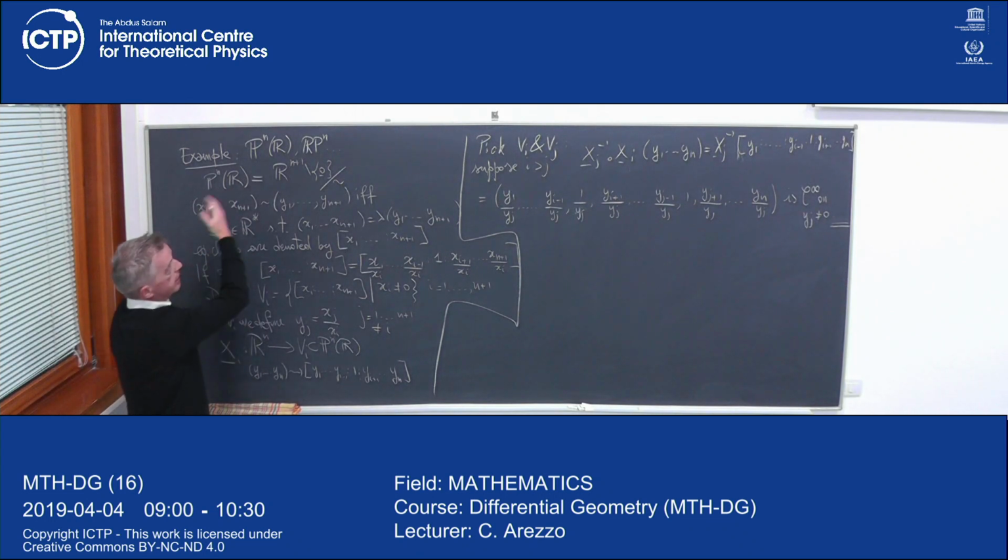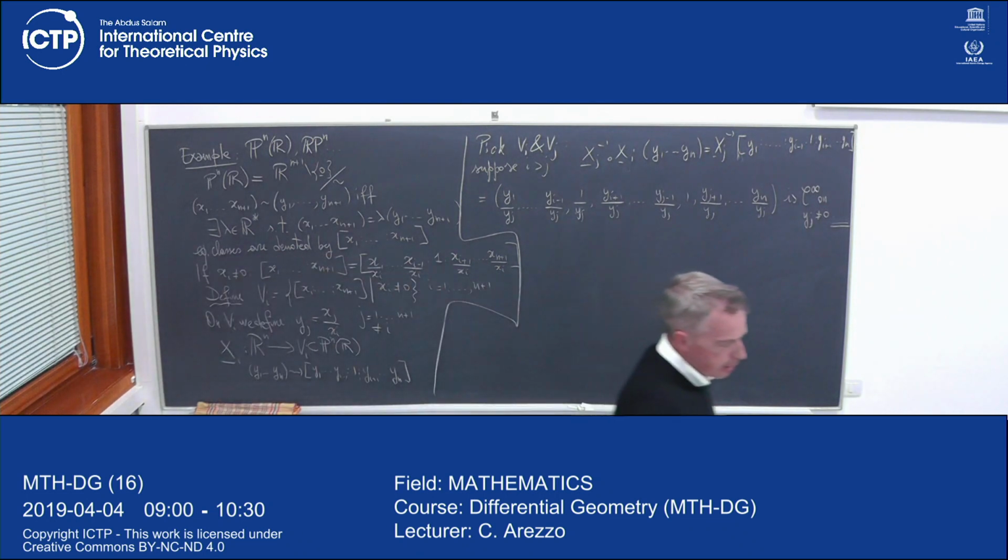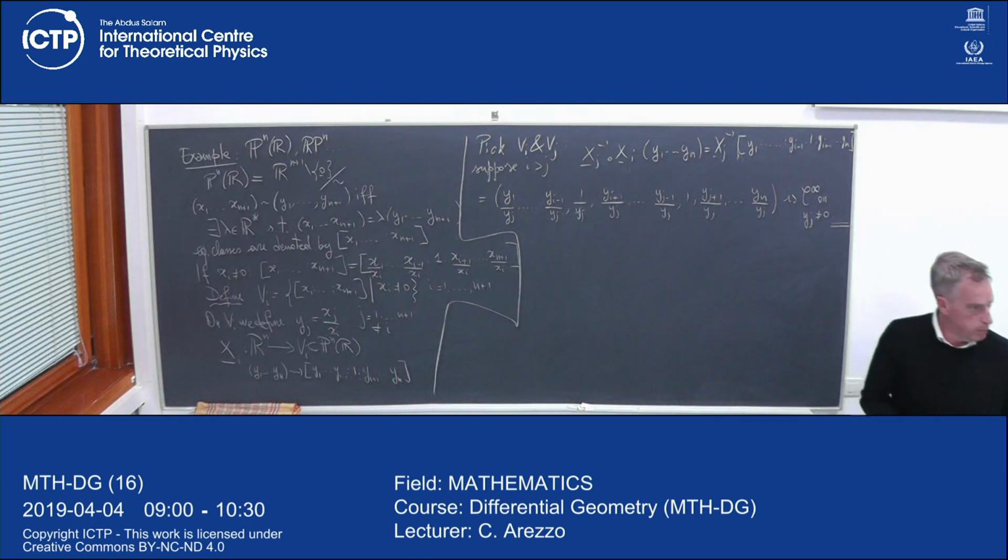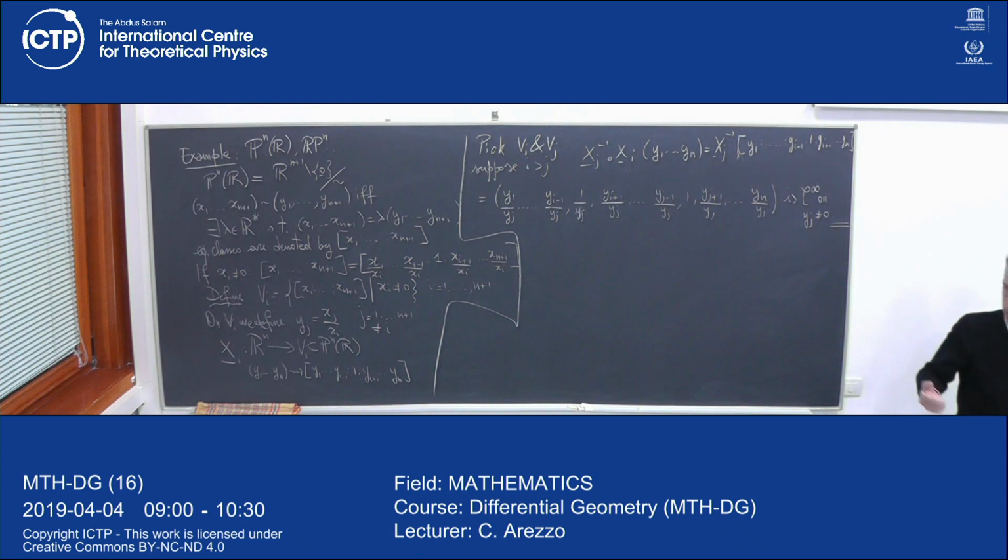So the obvious question is, is it a regular surface in R3? Okay, this is the abstract description. But can I realize it as a surface in R3? And actually, the answer is no.